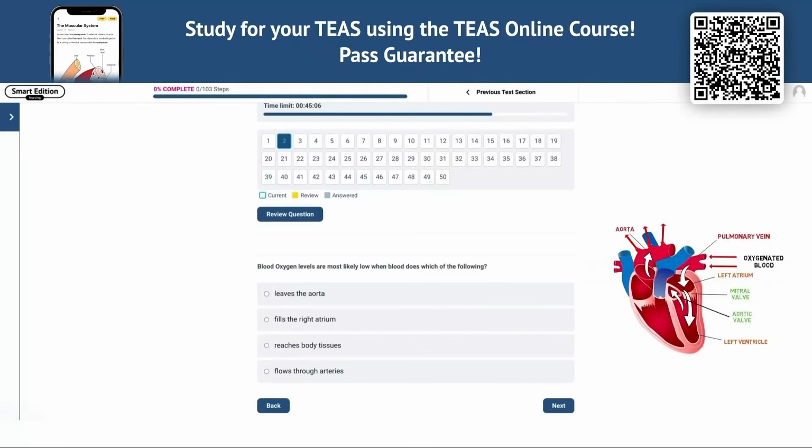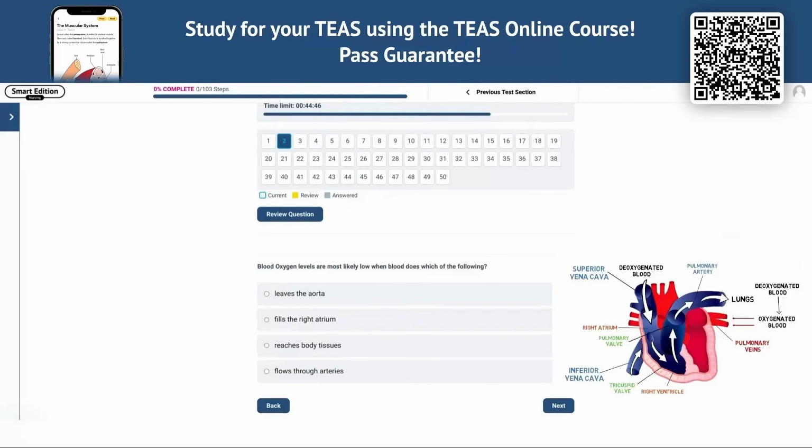The right atrium is one of the 4 chambers of the heart, and it's where blood returns from the body after it has delivered oxygen to the tissues. So the blood is now lower in oxygen because it has already been used by the body cells. When the blood fills up the right atrium, it's carrying less oxygen and is on its way to the lungs to pick up more.